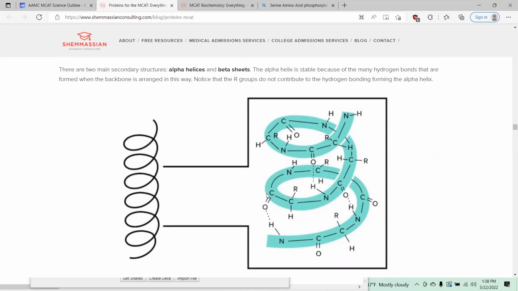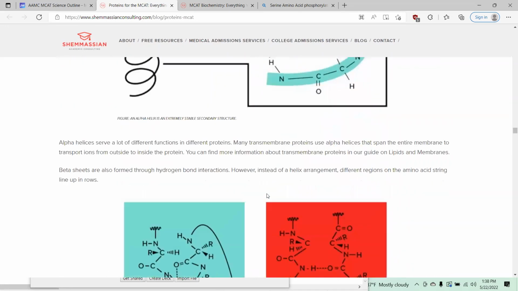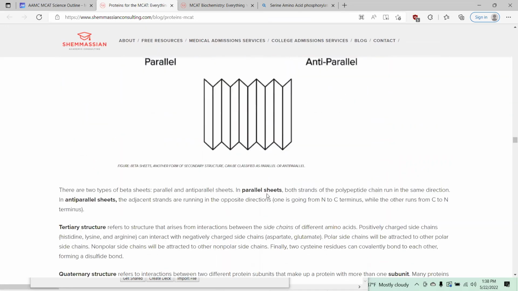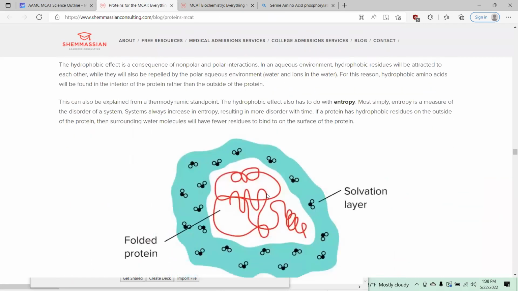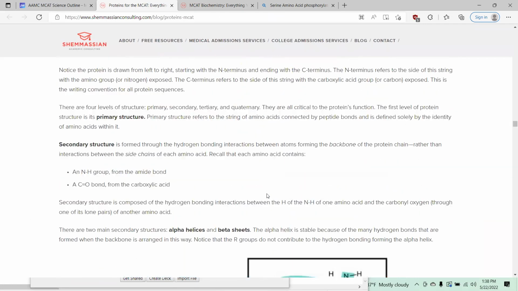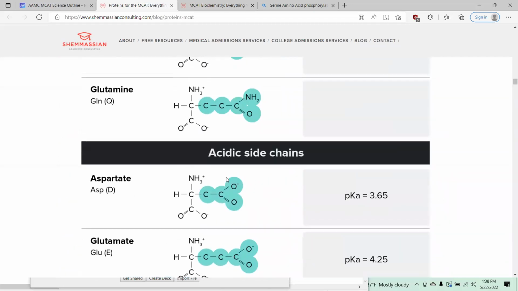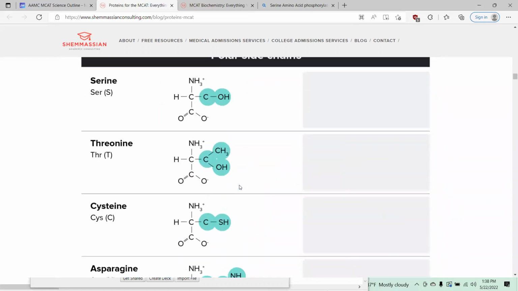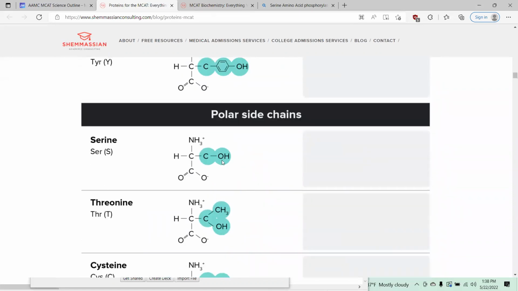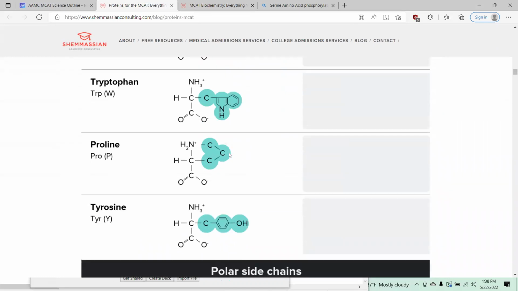Now, do not get confused with tertiary structure, which is when we use the R chains, when we use the R groups to do binding. So if we look at the R groups here, like this O negative can definitely bind to something. This OH can definitely get phosphorylated or something, right?